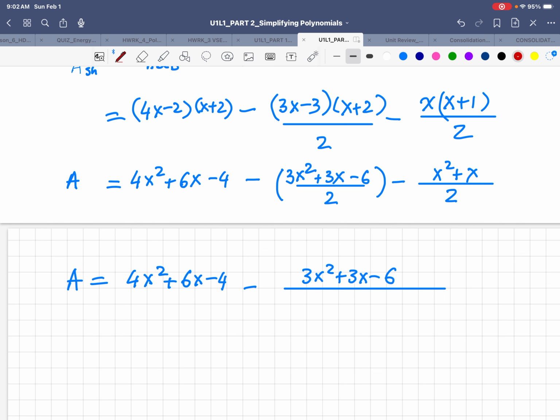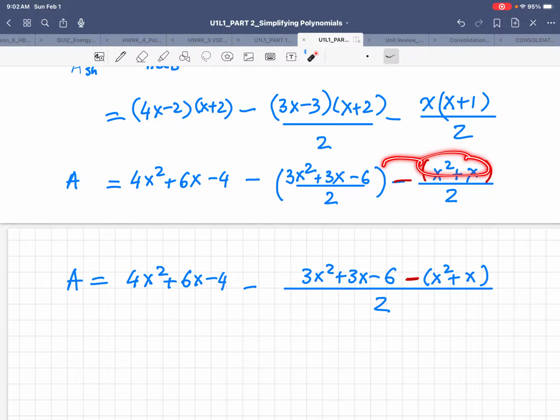And we will be subtracting this numerator from it. So we are subtracting x squared plus x. And I'm going to take an extra step here because it's very easy to make a mistake when you are bringing this numerator over, just because of the minus sign.